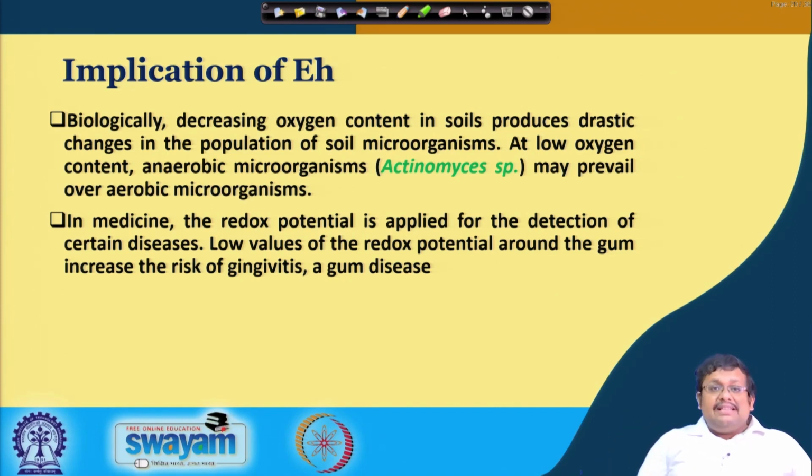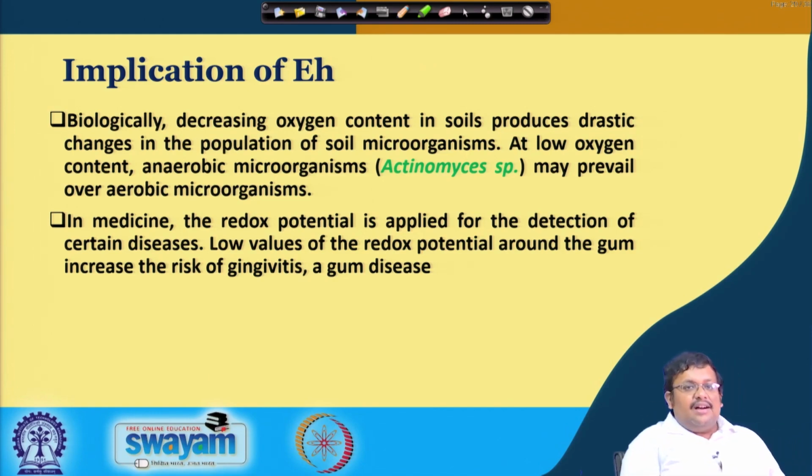For example, in medicine, the redox potential is applied for the detection of certain diseases, and low values of redox potential around the gum increase the risk of gingivitis, which is a gum disease. So, you can see redox potential not only controls different soil reactions, but also has application in other sectors.